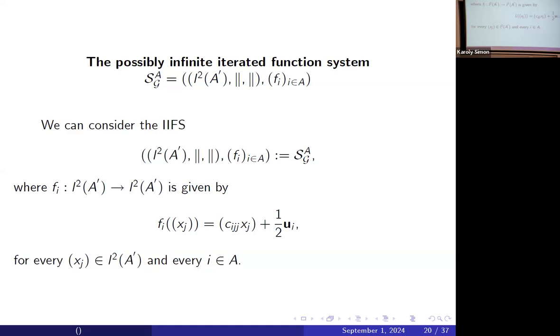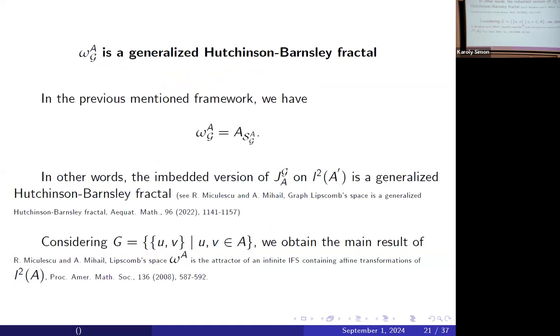And here we have our first basic result, which says that the attractor of this system actually is omega Aj. So actually it is the topological copy of the graph Lipscomb space. In other words, the embedded version of the graph Lipscomb space is a generalized Hutchinson-Barnsley fractal.